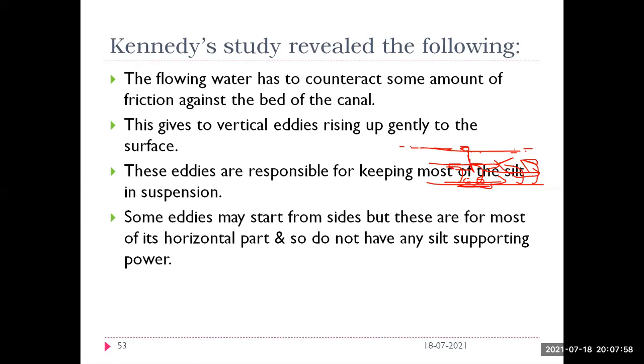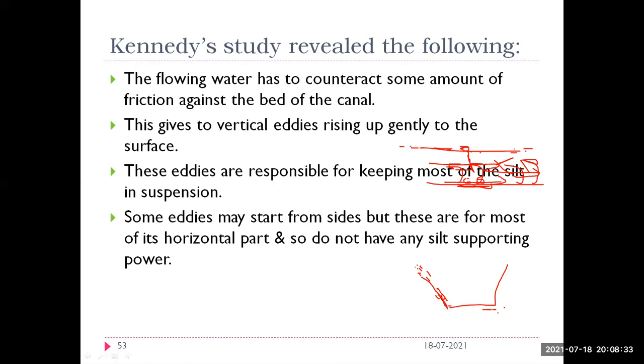Some eddies formation also occurs on the sides of the channel system. As we know, the cross section of the channel will usually be trapezoidal, so the canal is constructed in a trapezoidal form.